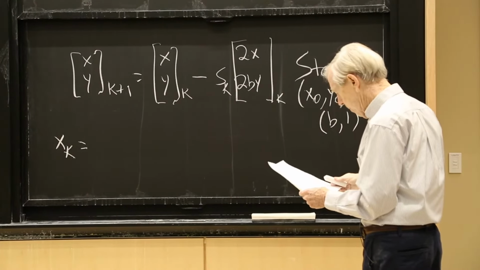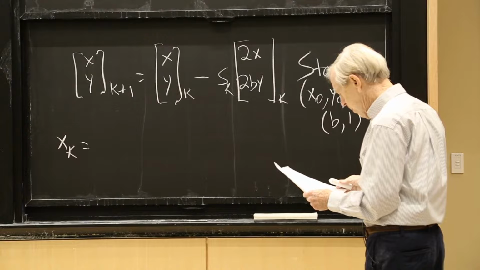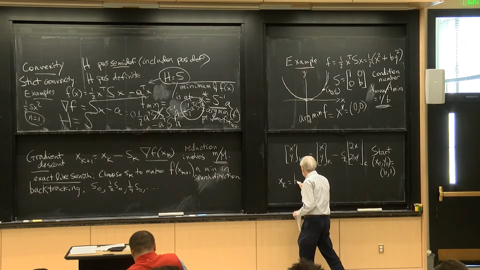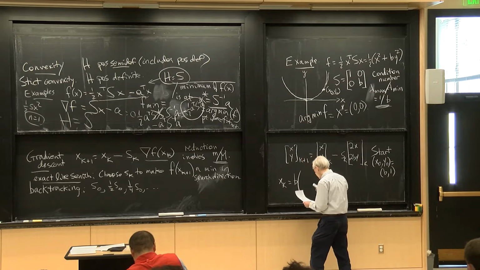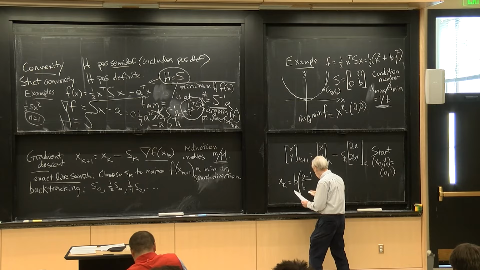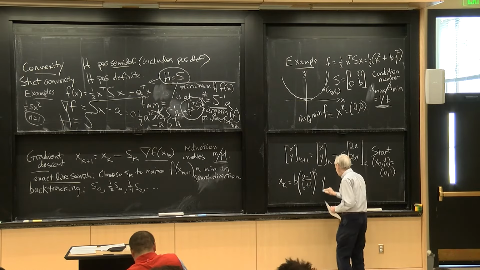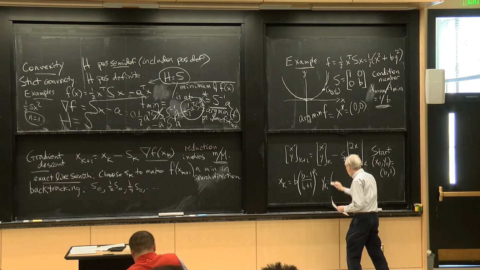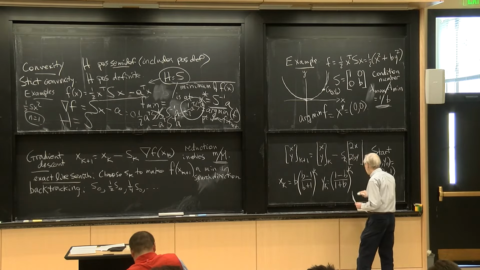So x_k is b times the key ratio, (b minus 1) over (b plus 1), to the kth power. And y_k happens to have this same ratio.